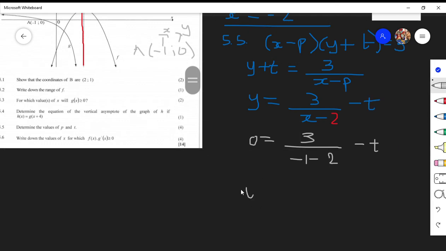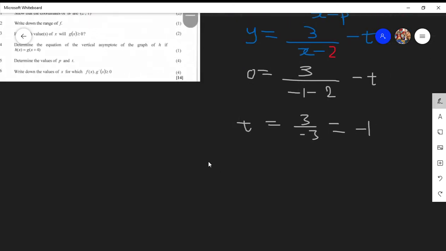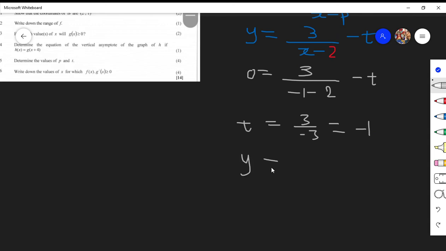It will then become positive t, which is then equal to, this will become -3. So 3 over -3 is then equal to -1. So our t value is equal to -1. And if you want to write out the equation again in standard form, you can just write it as y is equal to 3 over x minus 2, and negative, open a bracket, -1, which is then +1, right? So you can just rewrite it as +1.